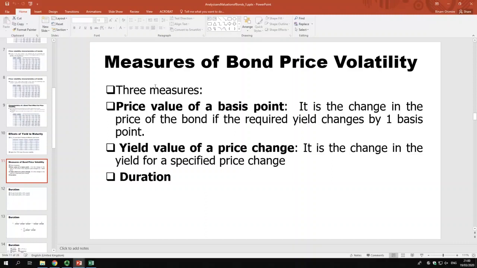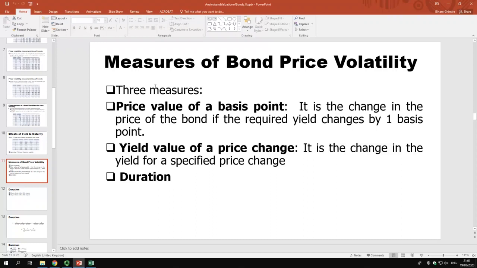So it is also the absolute change in the price of the bond when the yield changes by 1 basis point. So that is simple. And people are also interested to know by how much amount the bond has changed its price. So therefore, price value of a basis point is basically the absolute measure.